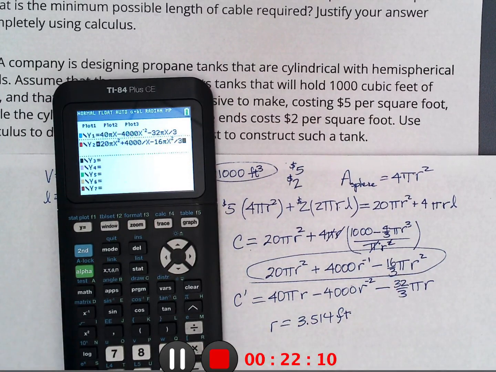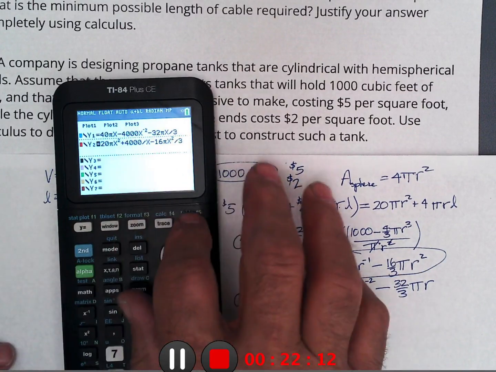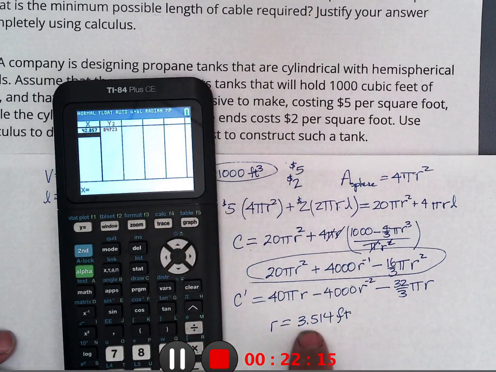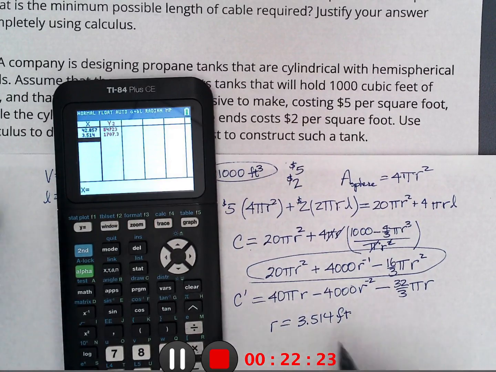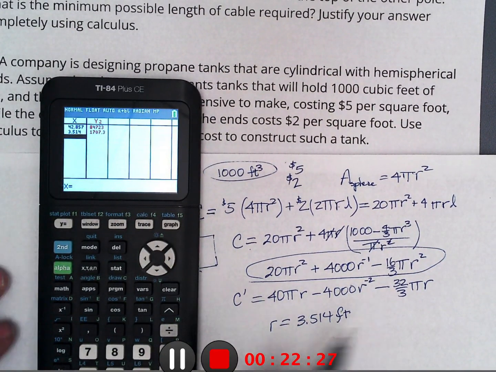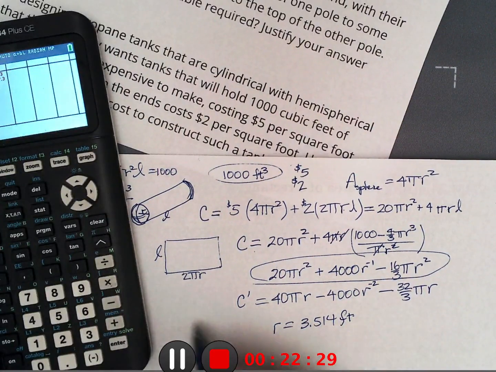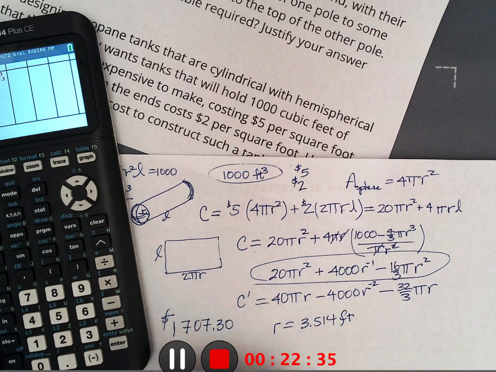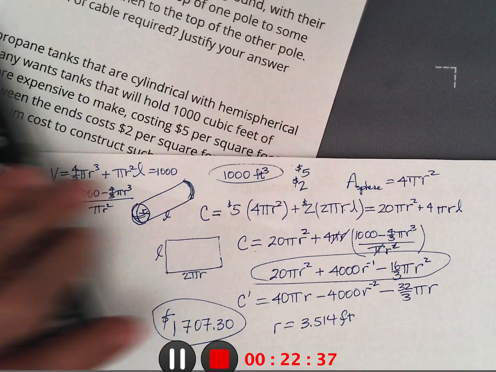And then I can go to the second table and put in 3.514, and it says the cost will be $1,707.30. Okay.